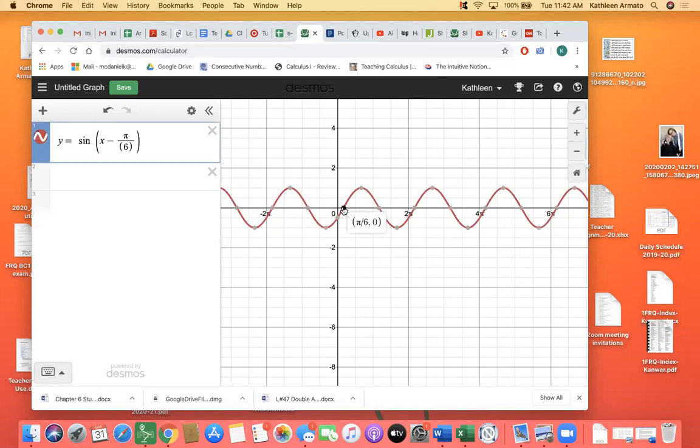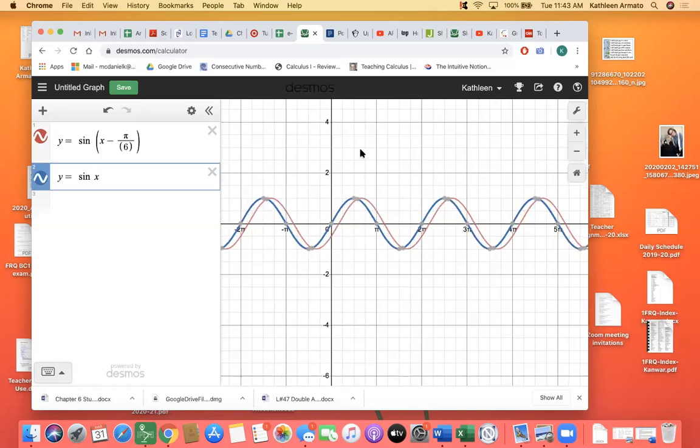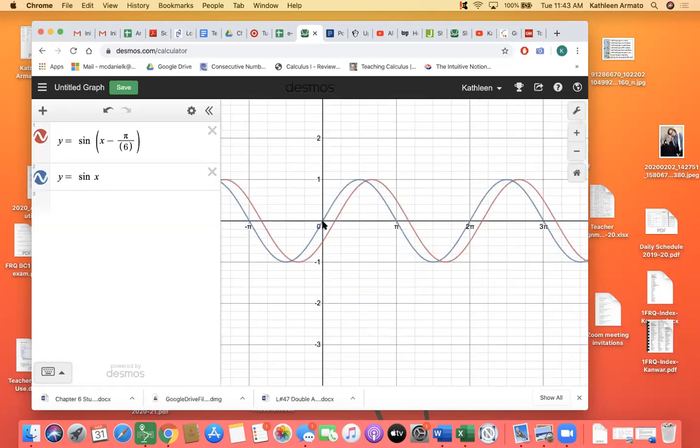So if I click here, that looks like the start of the sine graph, right? Remember, the sine graph starts at 0, high point, 0, low point, 0. So it looks like it's starting at pi over 6 and ending at 13/6 pi, where if I just graph sine of x, it starts at 0 and ends at 2 pi, but this is starting at pi over 6 and ending at 13/6 pi.